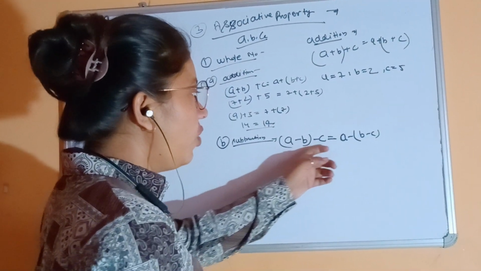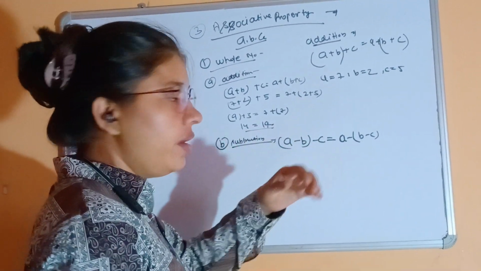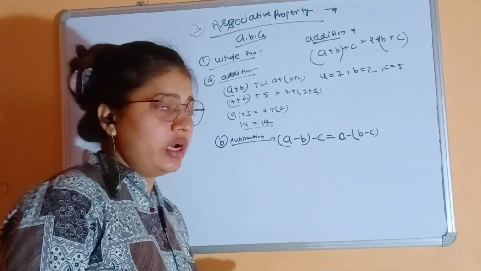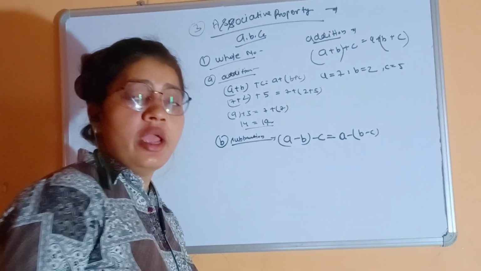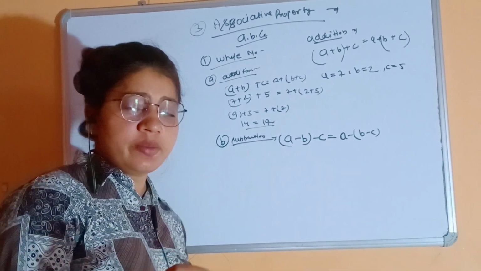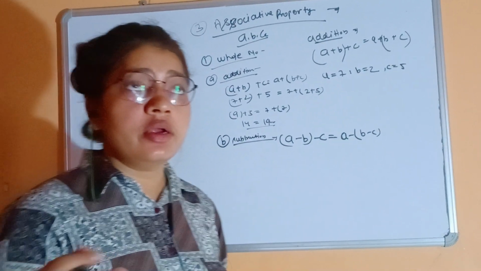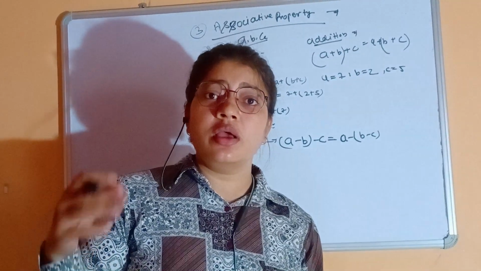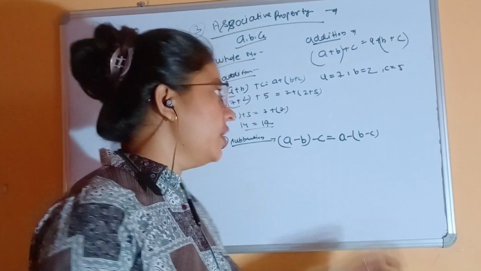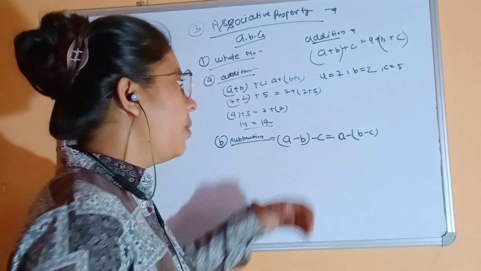What is followed, like A plus B is equal to B plus A in the commutative property, and in the associative property, A plus B in first bracket plus C is equal to A plus bracket B plus C. Okay, you definitely learned this property.